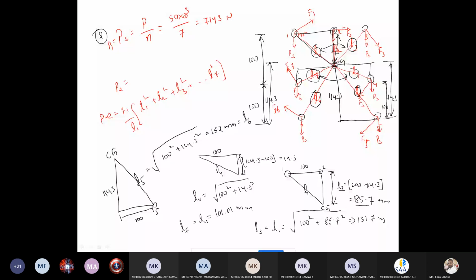Substitute all the values in this equation. The P value is given in the question, 15 into 10 to the power of 3 into 400. The E value is given in the question. F1 we don't know.